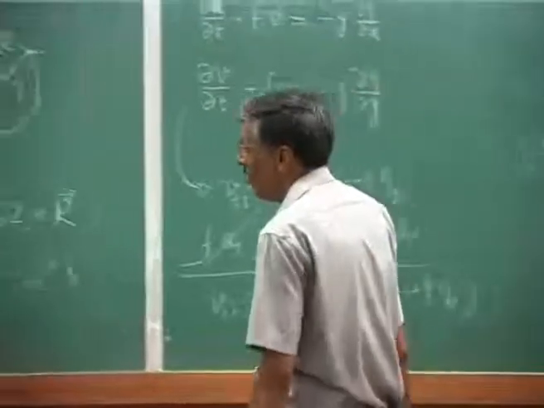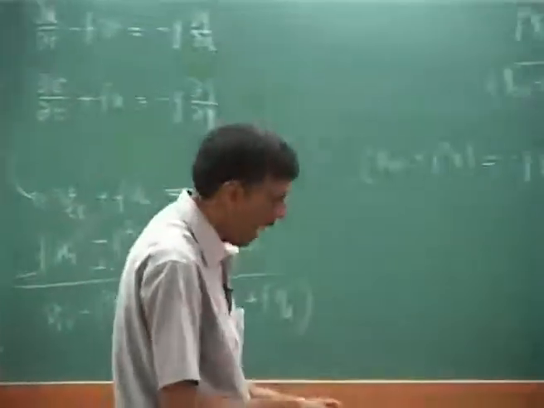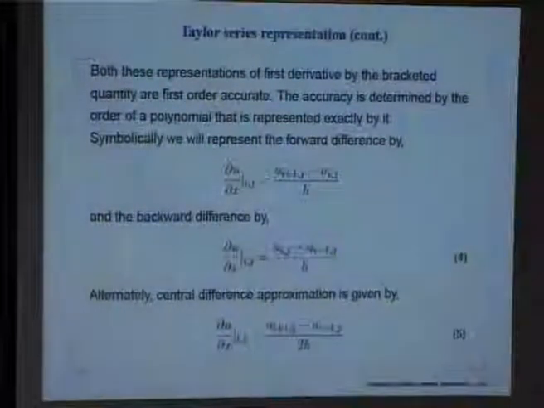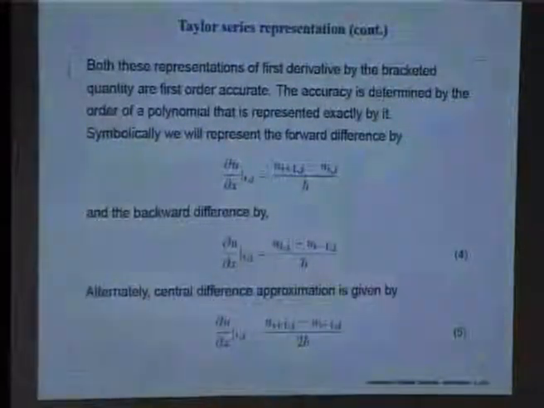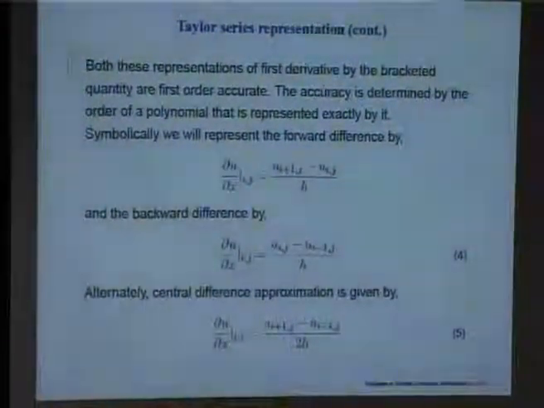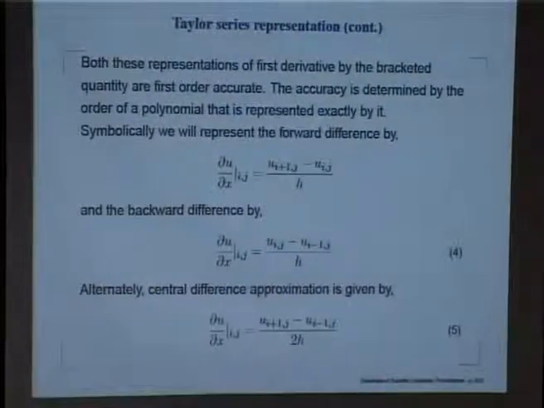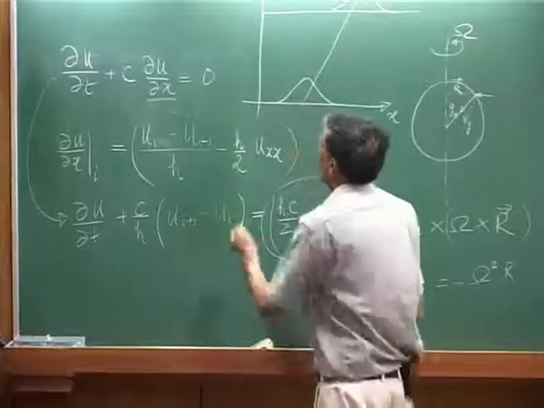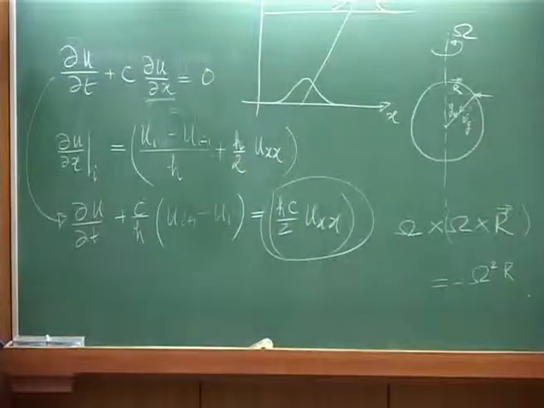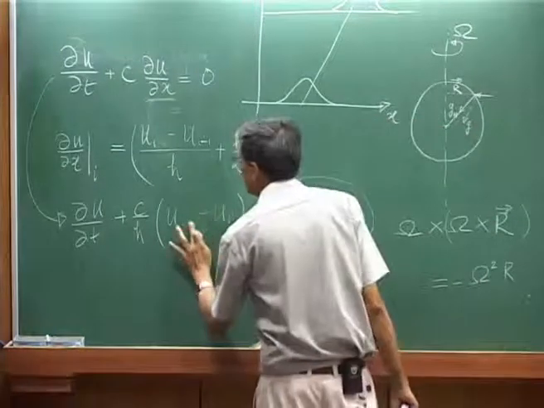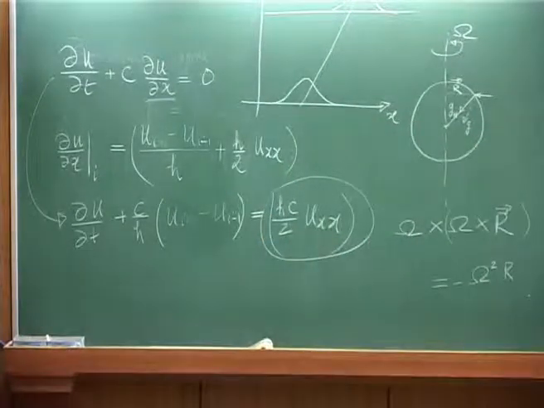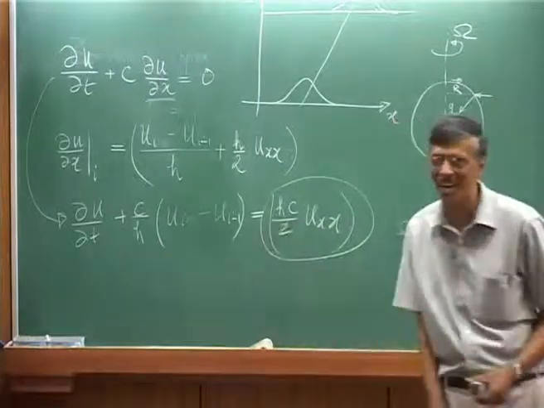Now, this is one aspect. Suppose I would have taken this equation, then what would have happened? If I would have taken the middle alternative here, what is called here the backward difference. Same. Now, let us see what I have here. It is like this. It looks almost the same, except that it comes with a negative sign.